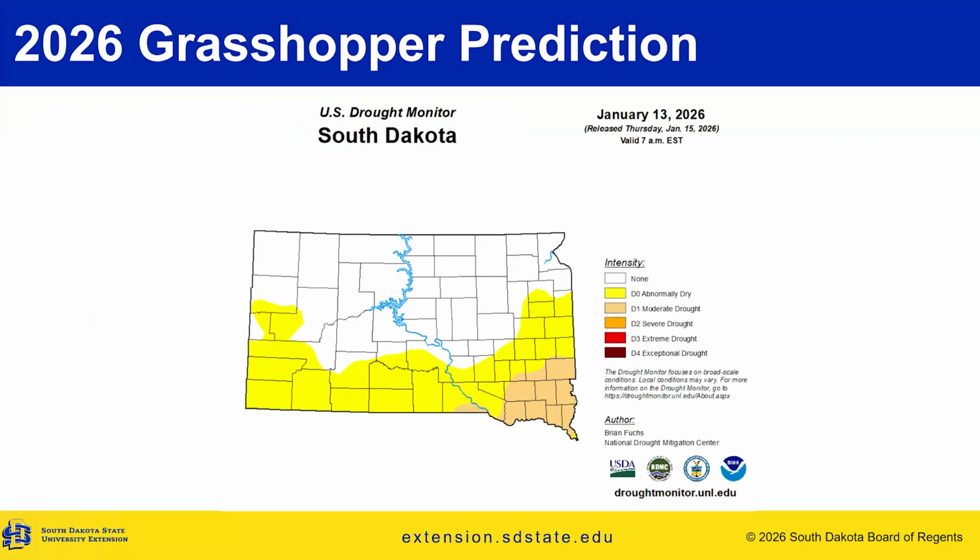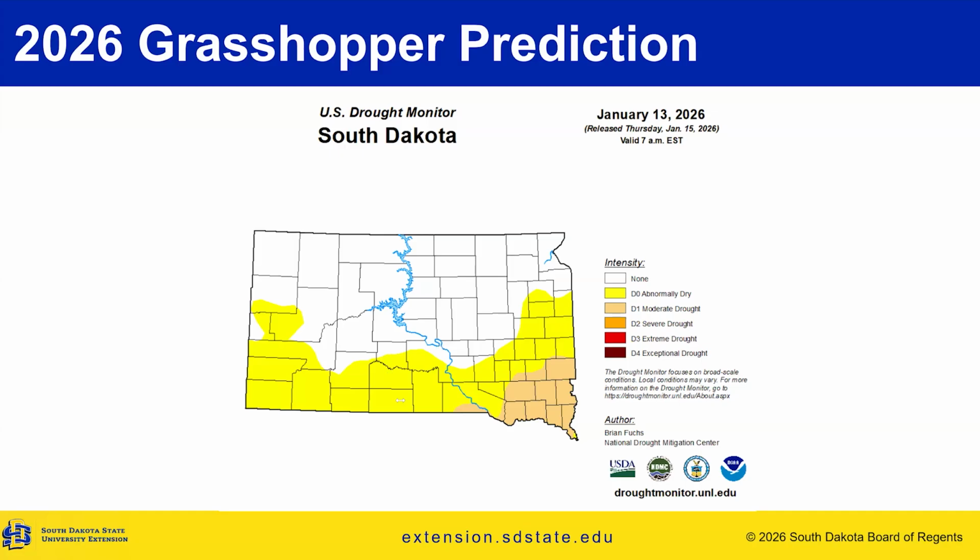Now, if we look at the current prediction map for drought, this is what's ongoing right now in the state. Down in the southeast part of the state, where we've had, I'd say, a recurring issue with grasshoppers for the last few years, currently moderately drought. And then there's also this large band that's abnormally dry. This abnormally dry fits.